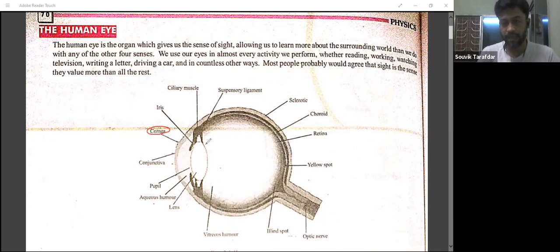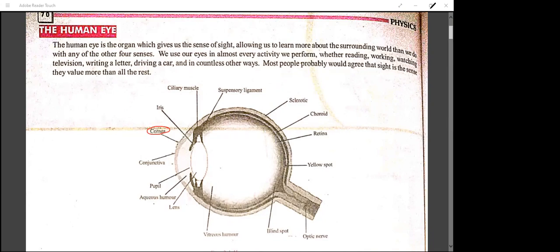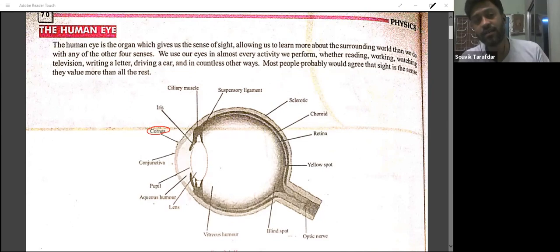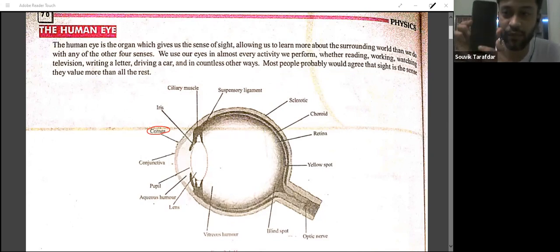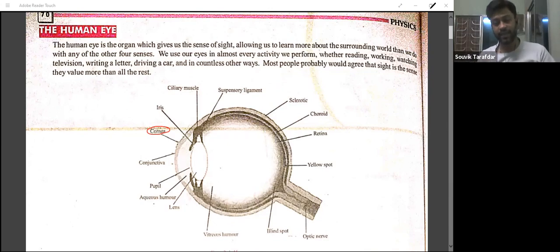Suppose in a mobile phone, think of how the screen works. In a similar way the cornea works in the eye. At first, light falls on the cornea.